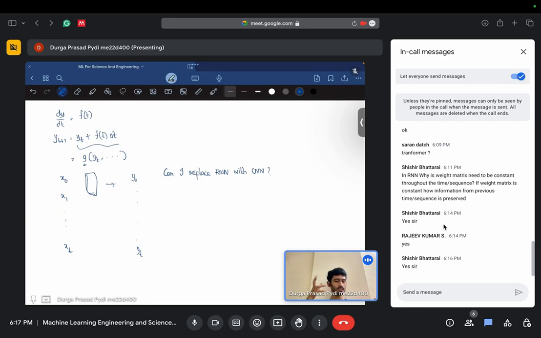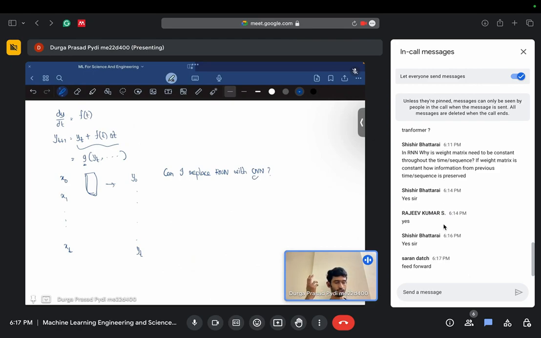All we are doing here is removing the image and keeping time series data. So essentially, instead of an image, now you have a long sequence. So can I do that? I can call this a 1D CNN.